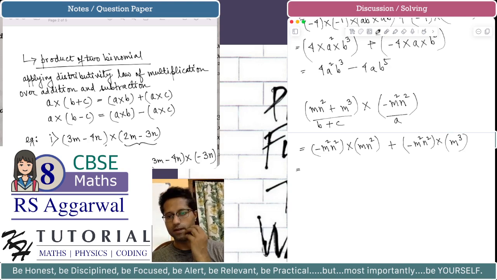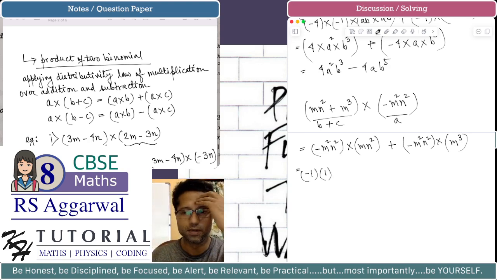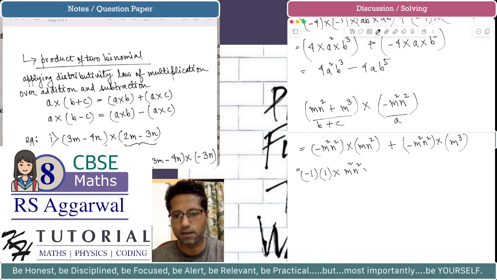So now we have to find the product of two monomials. This will be minus 1 multiplied by 1. The numerical coefficient of the monomial minus m square n square is minus 1, and the numerical coefficient of the monomial m n square is 1. Then we find the product of the literal coefficients of the two monomials, that is m square n square and m n square.